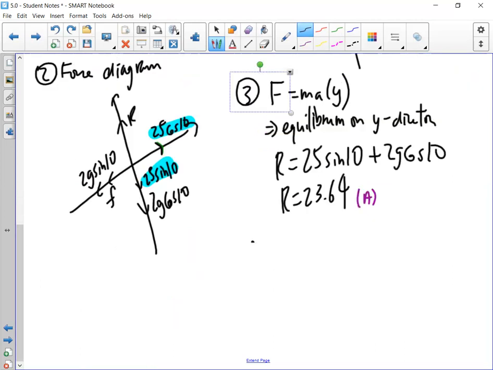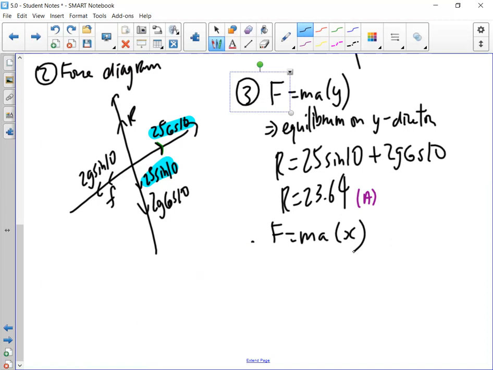Next step, F equals ma in the x direction. Think about which way the box is moving: upwards along the slope or downwards?